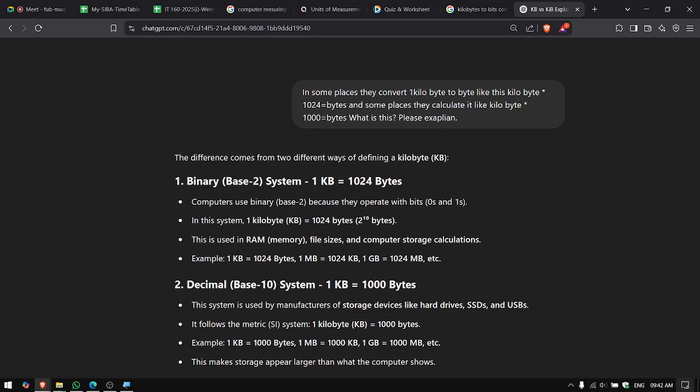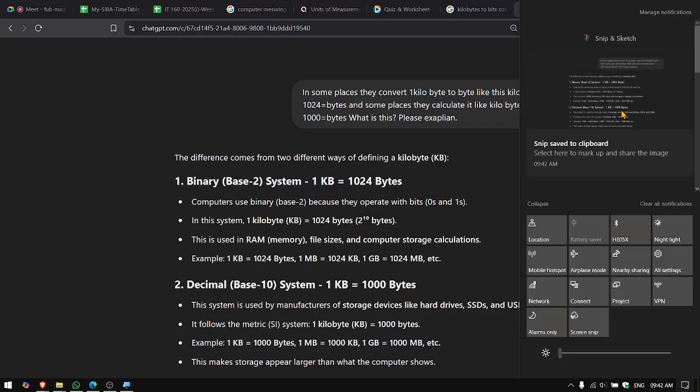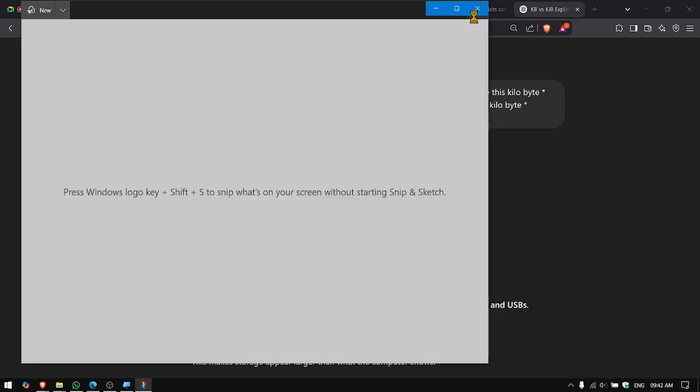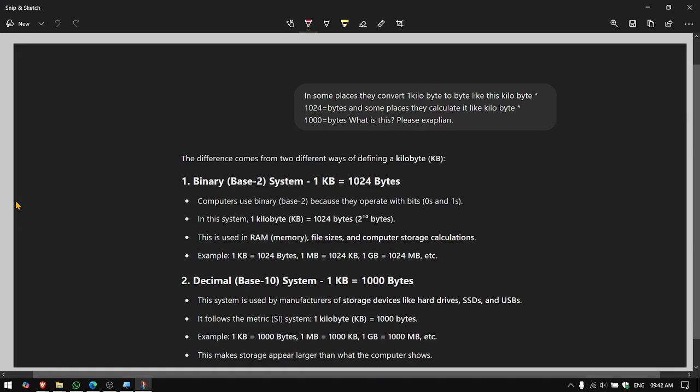Let me give you more details about it. We have powers from 0, 1, 2, 3, 4, 5, 6, 7, 8, 9, and 10, and here the base is 2. Binary, base 2.